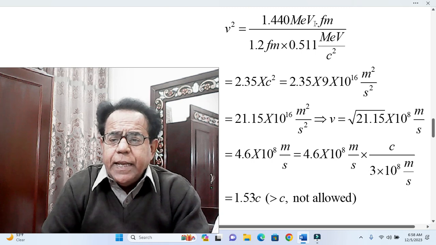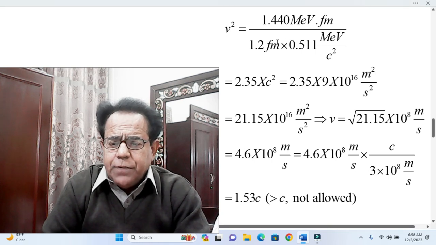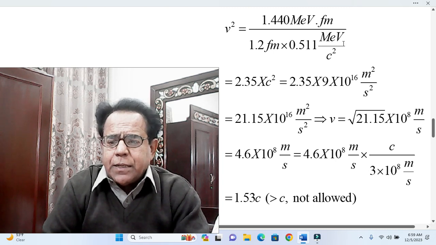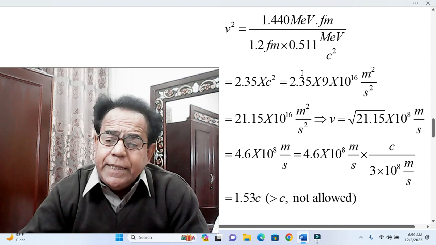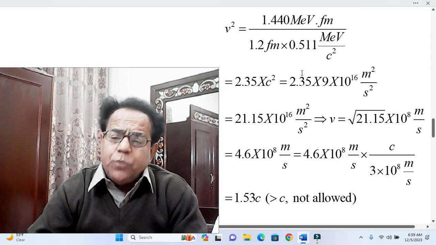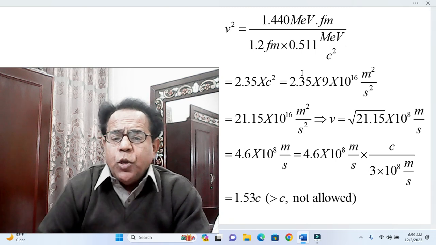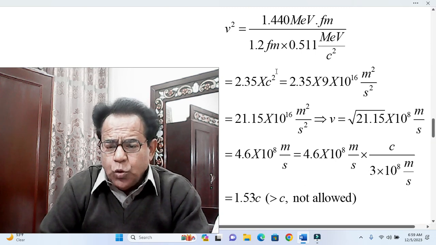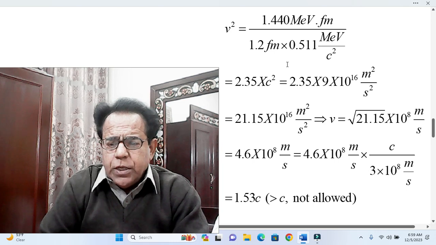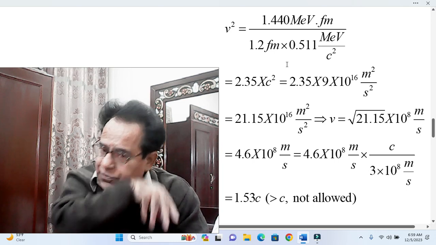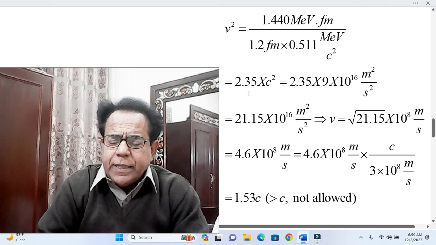Here, dear students, femtometer will be cancelled with femtometer. Million electron volt will be cancelled with million electron volt. Moreover, because c square is in the lower part of the denominator, it will be shifted to the numerator. So v square will become equal to 2.35 into c square. What is 2.35?